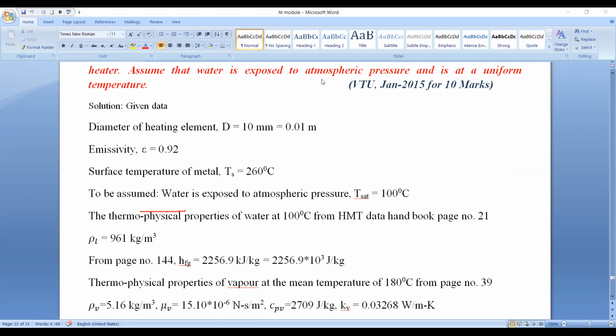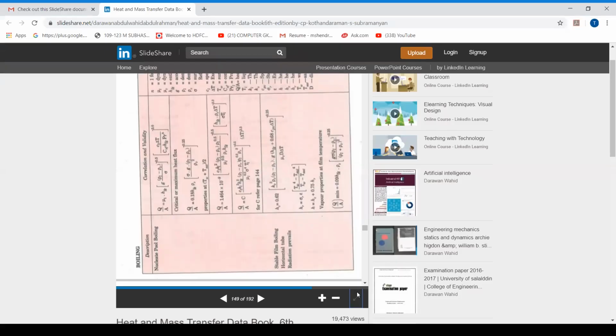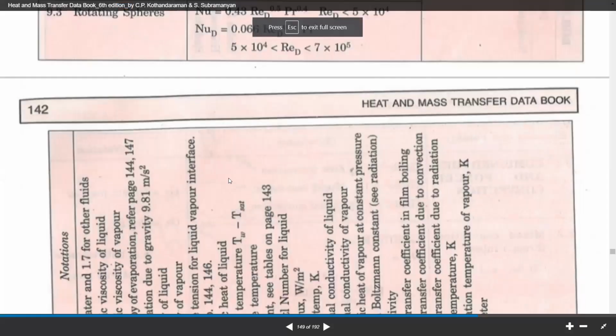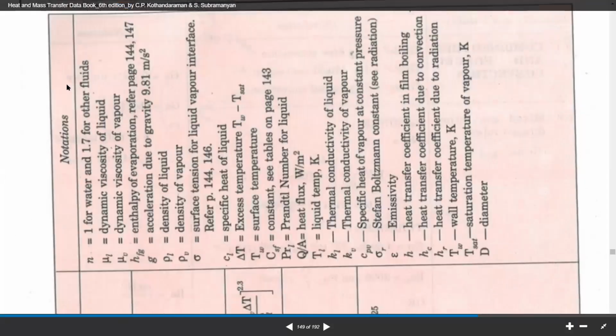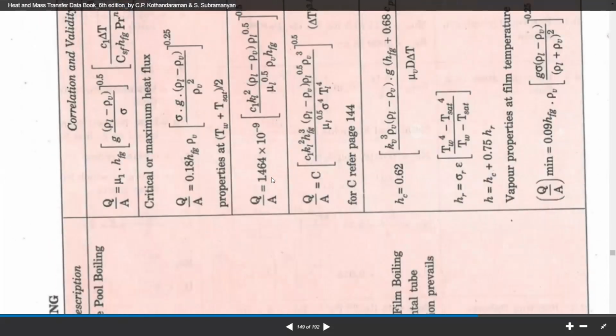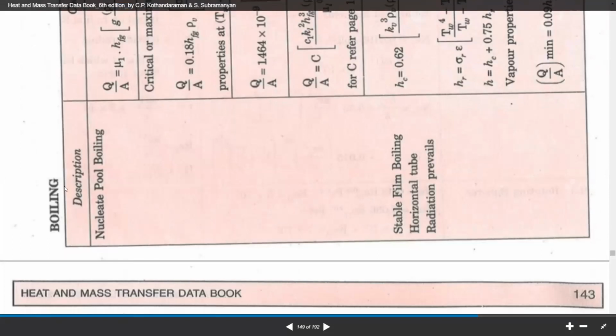For film boiling, what is the equation from the data handbook? Let us refer to page number 142. For boiling, we have to refer to page number 142.